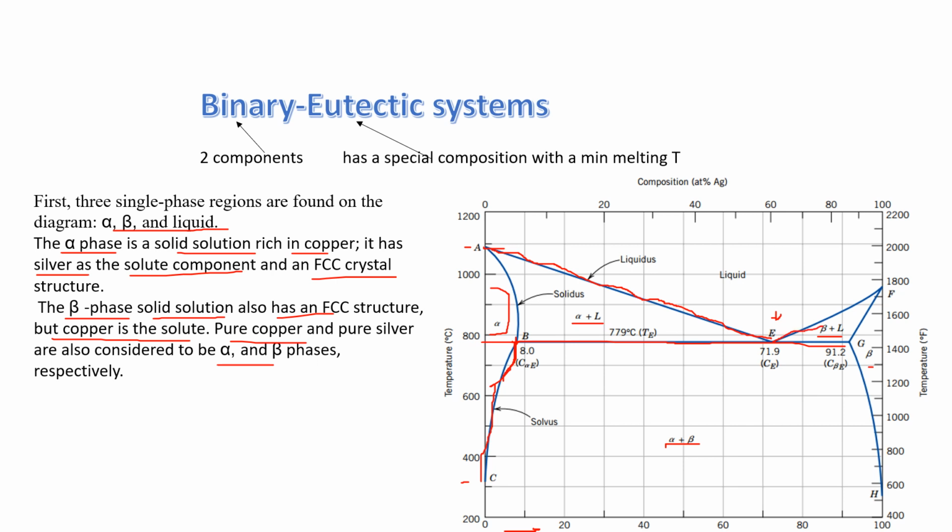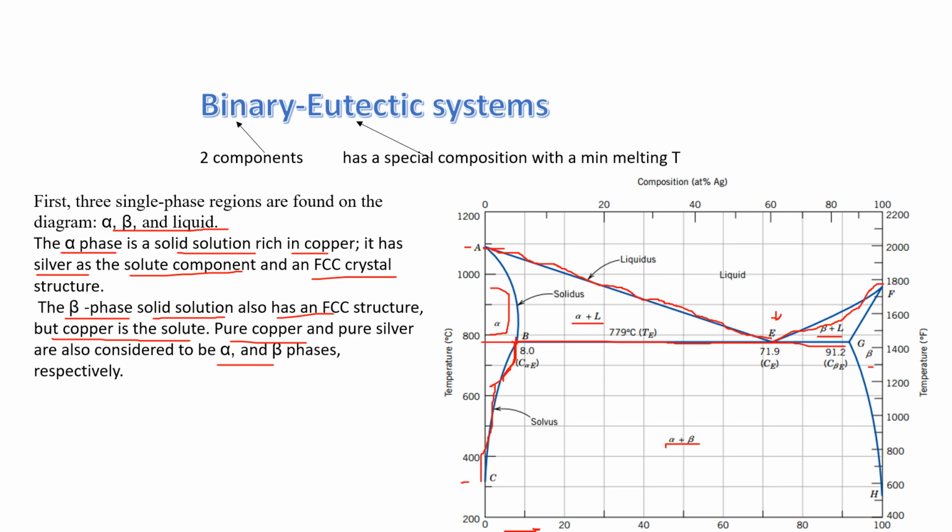Thus, the melting temperature of copper is lowered by silver addition. The same may be said for silver: the introduction of copper reduces the temperature of complete melting along the other liquidus line EF. So both melting temperatures are decreased to the minimum melting point as they are added to each other.